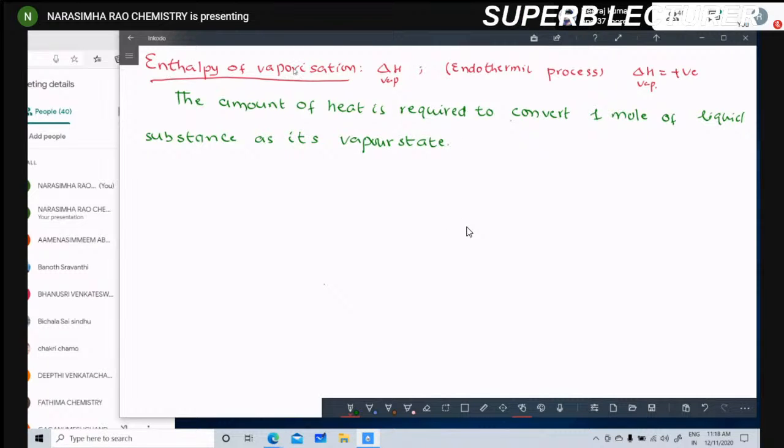This is called enthalpy of vaporization. So the amount of heat required to convert 1 mole of liquid substance to its vapor state is called enthalpy of vaporization.